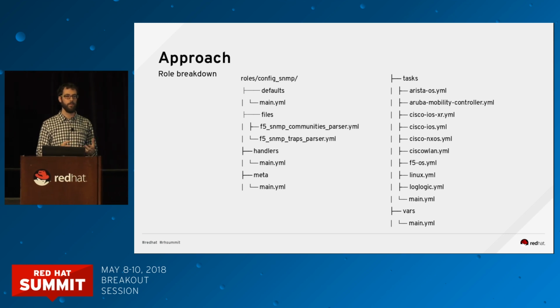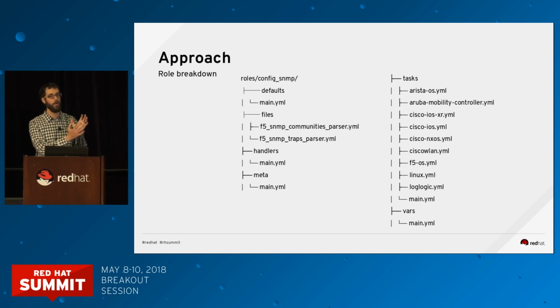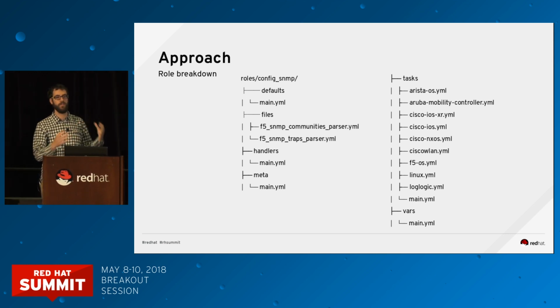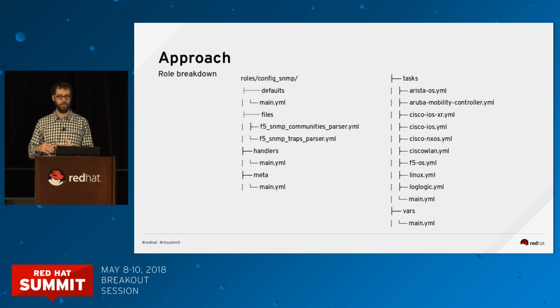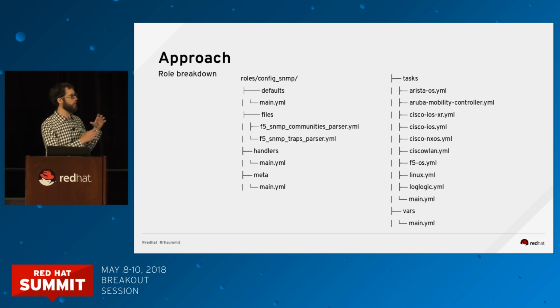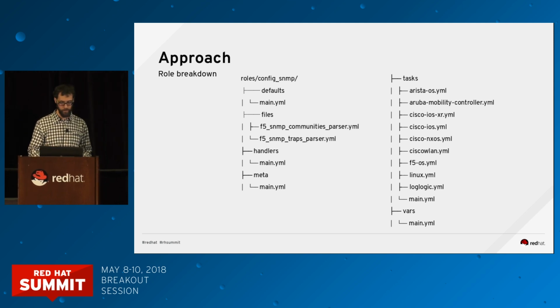We just haven't had the time to go back and refactor all these. But when we do, we'll be able to collapse some of these to more consistent configurations if possible. That's not always possible because of the syntax differences across the board. But we would be able to see less work being done in the vendor-specific ones once we start implementing the more vendor-agnostic roles or modules.